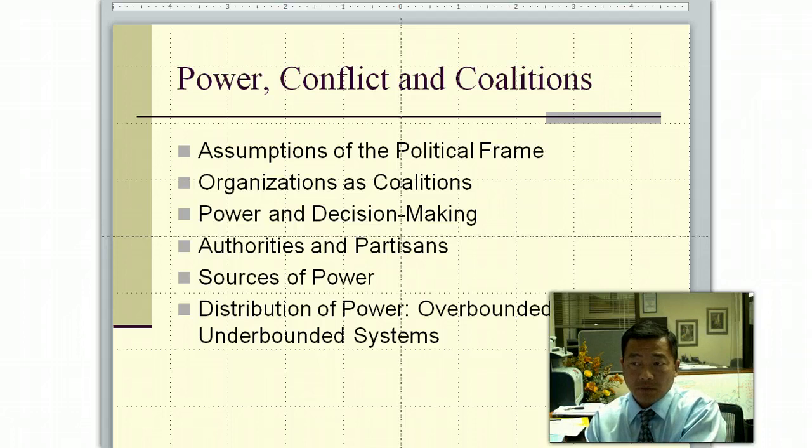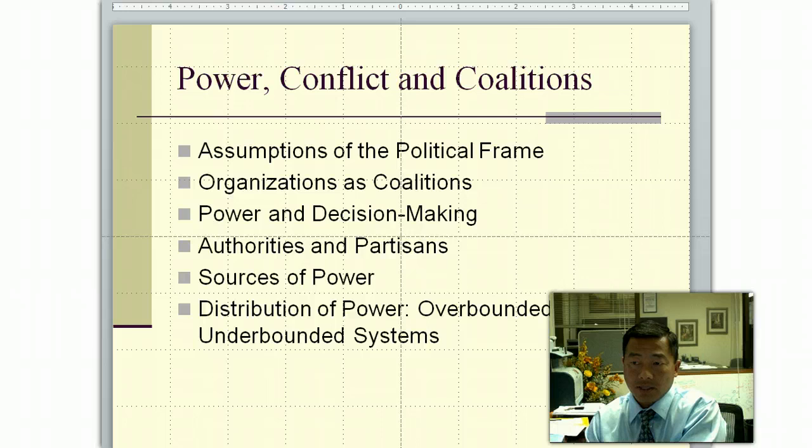Some key assumptions of the political frame are that organizations are coalitions or distinct parties of individuals that are self-serving. Because of this, there are long-lasting and enduring differences amongst the coalitions, where one variable of contention is the allocation of scarce resources such as money. The conflict is based around power, the most important asset.